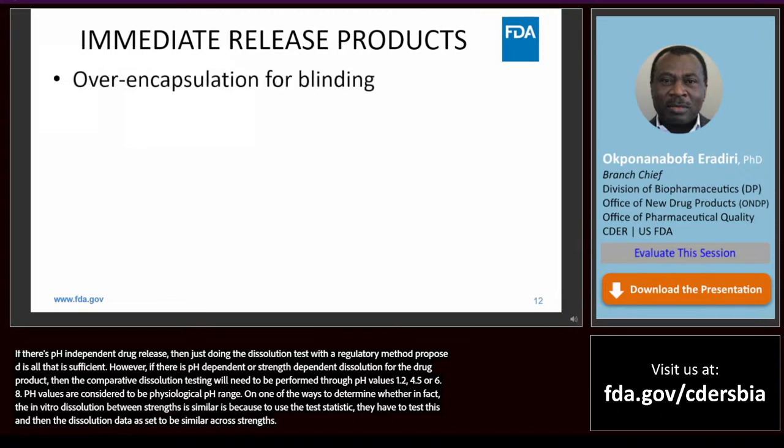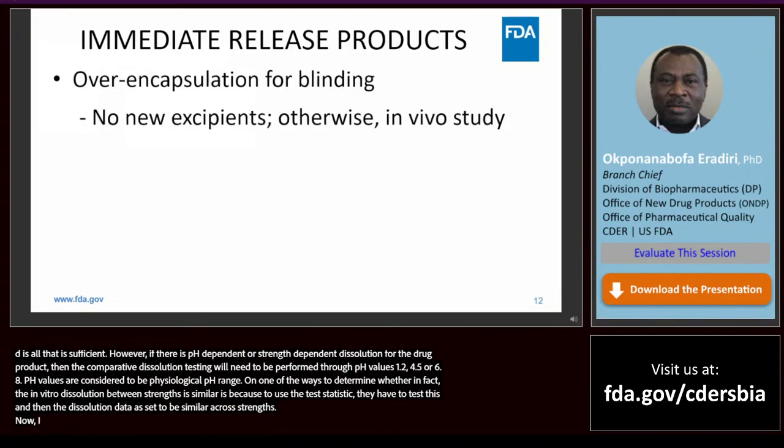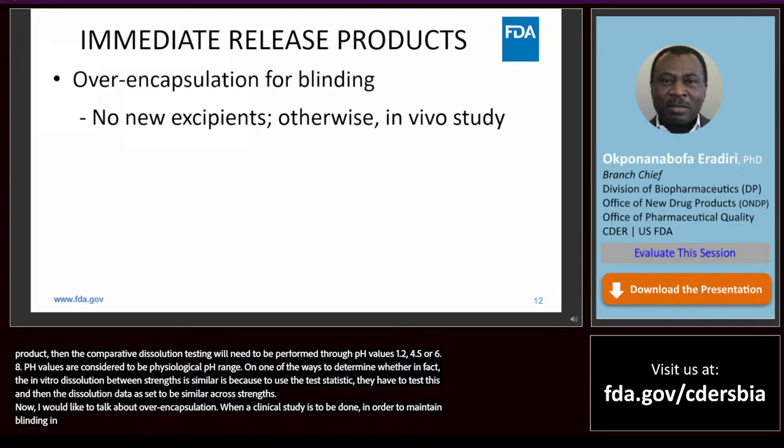Now, I'd like to talk about over-encapsulation. As you all know, when a clinical trial is about to be done, in order to maintain blinding in the clinical trial, drug products are usually over-encapsulated. And the over-encapsulation is such that we do not expect any changes in the drug release profile.